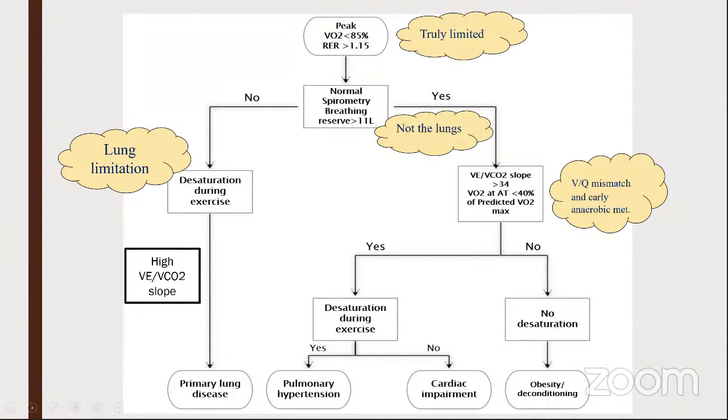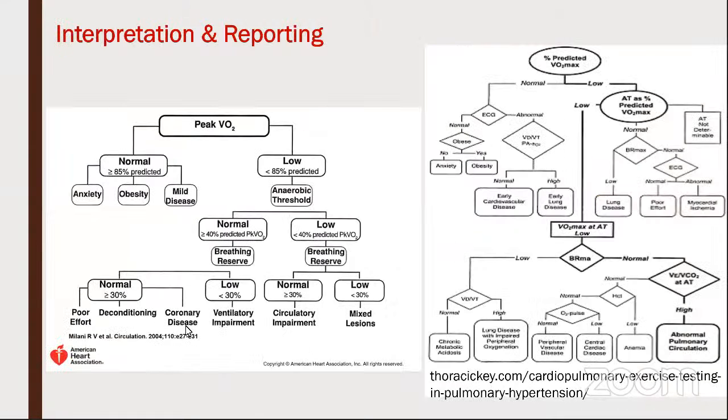This pathway is not completely foolproof, so I sometimes would advise that you use other pathways as well. There is quite a nice paper from Milani in 2004 in Circulation, which can help you sometimes. There are plenty of other pathways, but some of them are really over-complex.